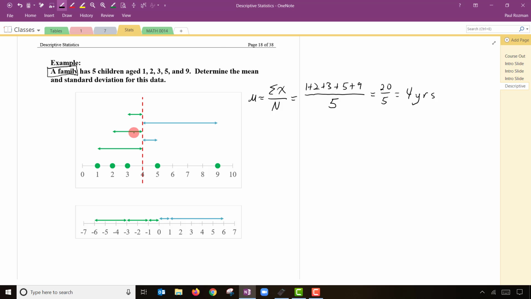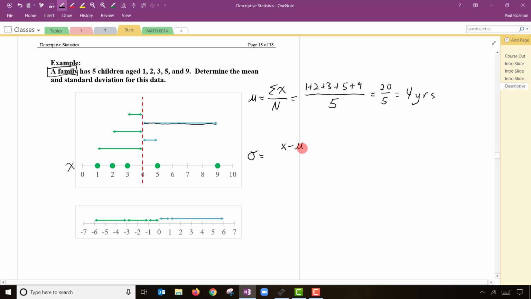So even though I didn't memorize that formula on the previous page, to calculate the length of one of these lines, I'd take the value x, on this axis, these values are all x's, and I'd subtract the mean. So it's x minus the mean is a distance.